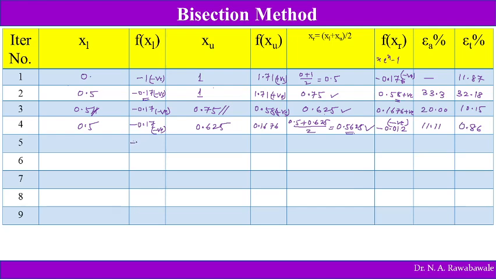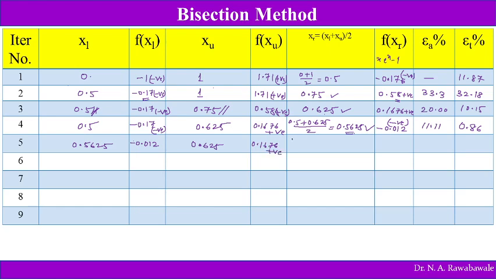So minus 0.012 and 0.5625. So this positive is going to continue 0.625, and this is positive. Positive is going to continue 0.1676. Again this is positive.